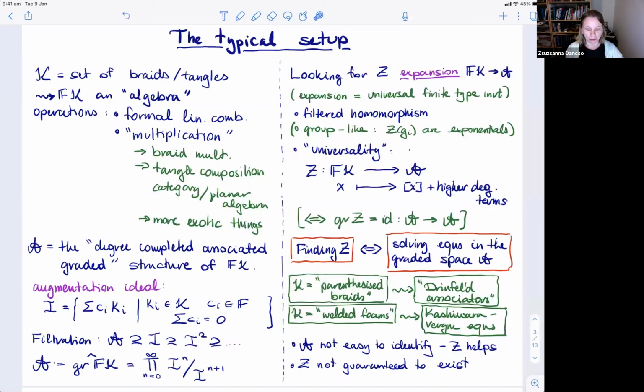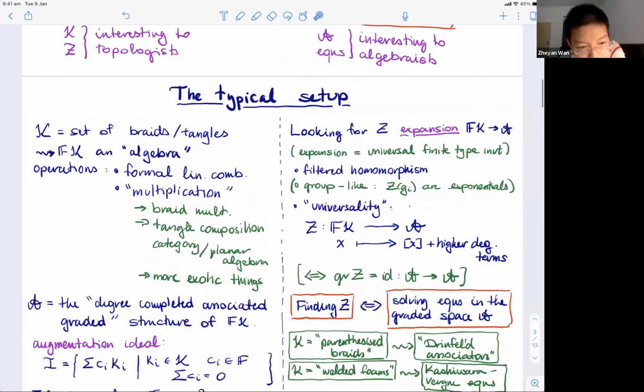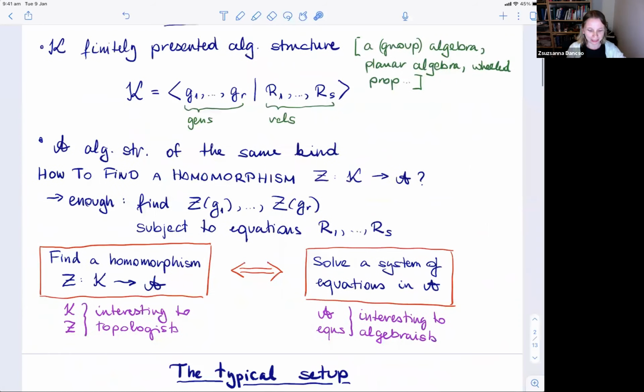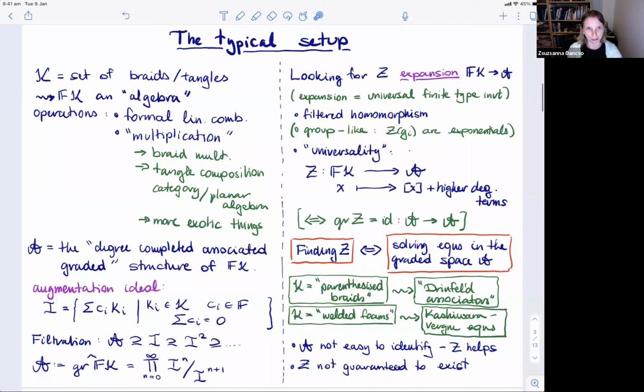And then for the target space A, I want to choose a very specific thing, and that is the associated graded structure, degree completed. Let me explain what that means. Take this linearly extended algebra of some sort of knotted objects. In that, there's a subset called the augmentation ideal.